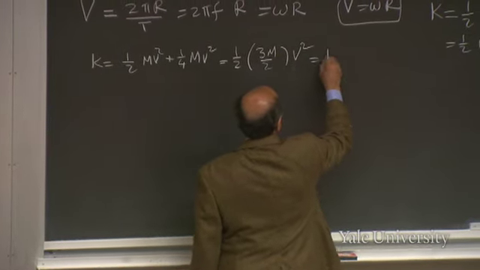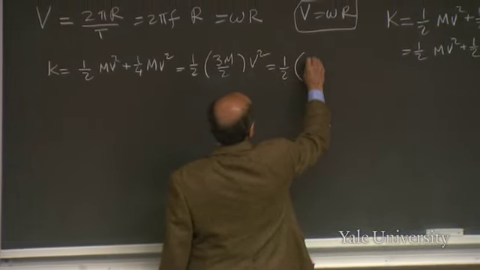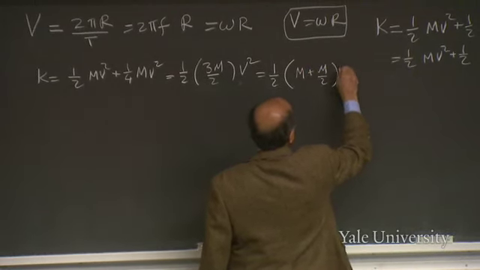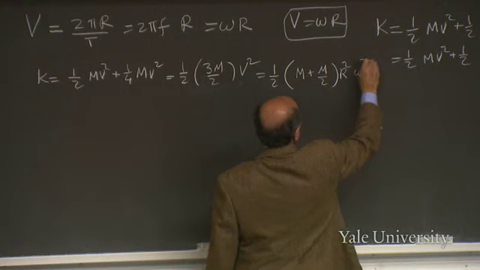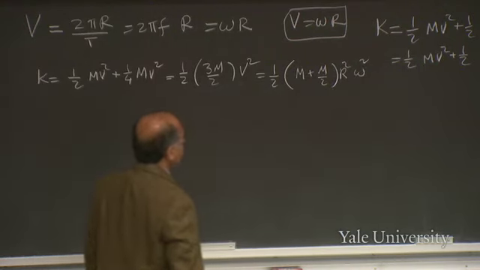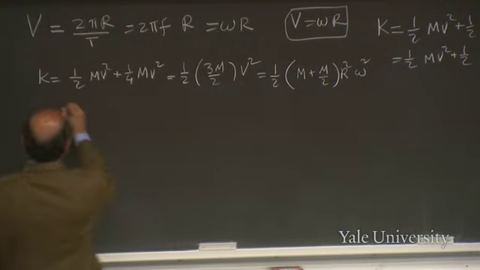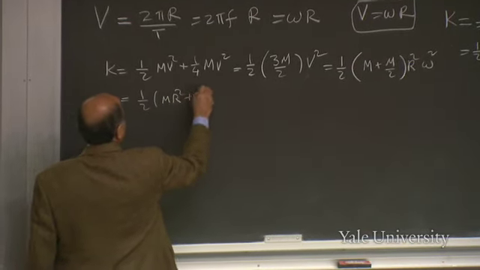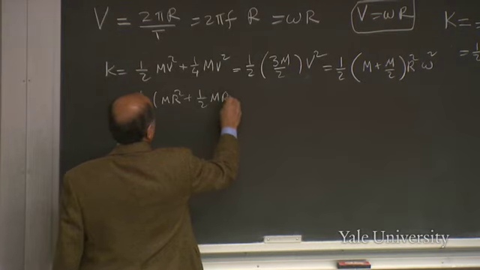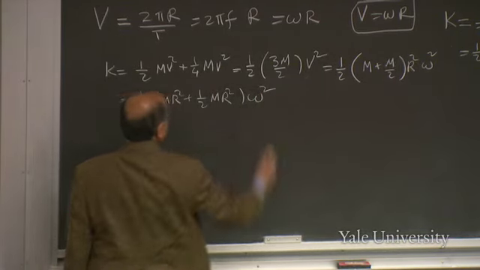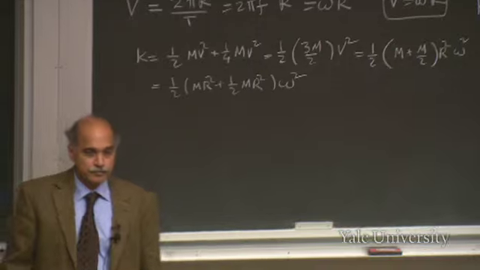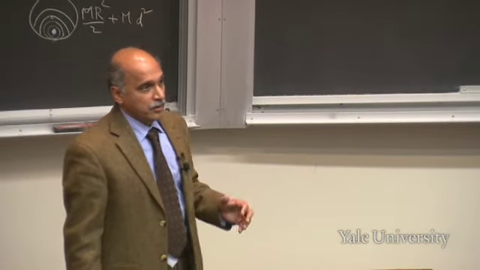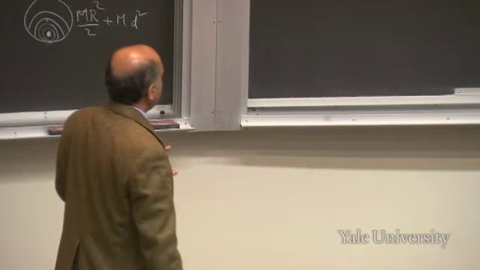So I can write it as 1/2 times (m plus m over 2) times r squared omega squared. And that means it's equal to 1/2 times (mr squared plus 1/2 mr squared) times omega squared. There's a lot of rewriting. So if you don't follow all the details now, you can go back and check the intermediate steps.